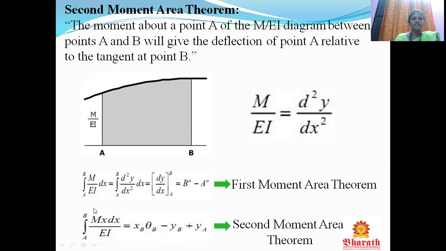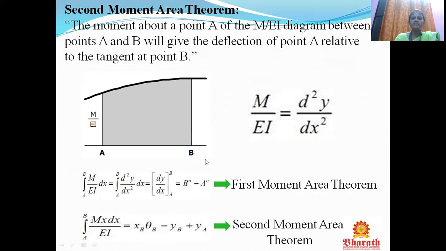After integrating and applying the limits, with respect to dx we get dy by dx, applied from A to B, that is upper limit minus lower limit. So upper limit is B to the power of 0 minus A to the power of 0. This one we call the first moment area theorem.